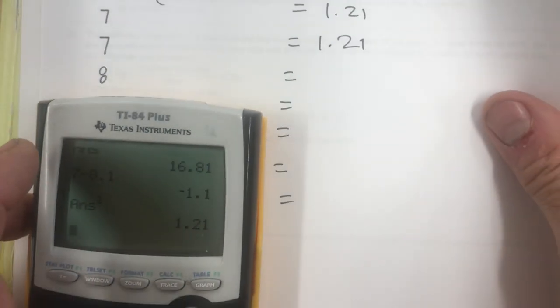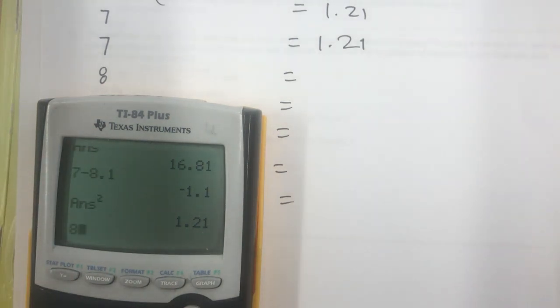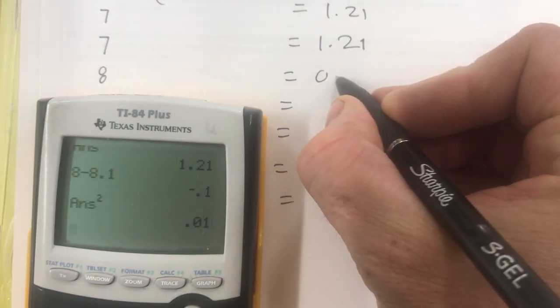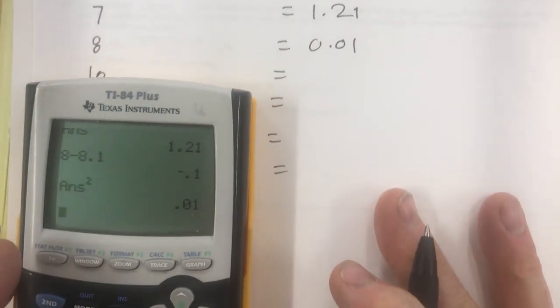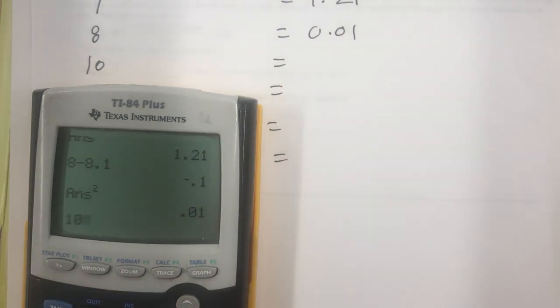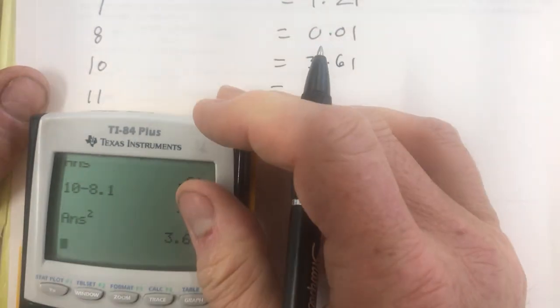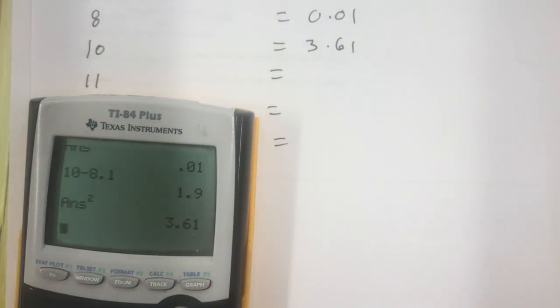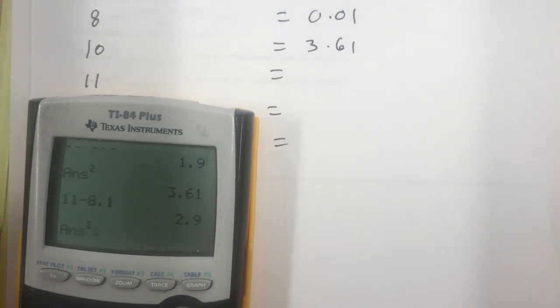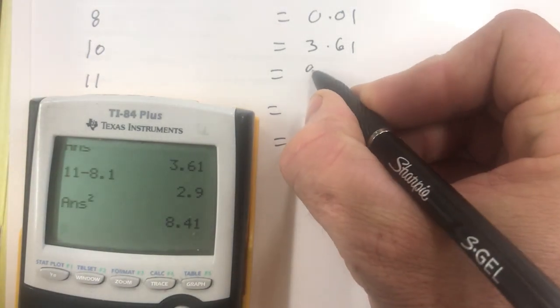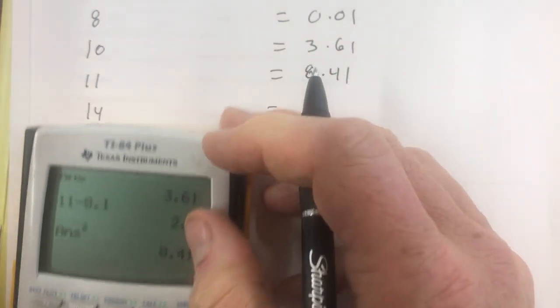Now I'm at 8. 8 minus 8.1 equals, square, equals 0.01. Then I got 10 minus 8.1 equals, square, equals 3.61. Then I've got 11. 11 minus 8.1 equals, square, equals 8.41.